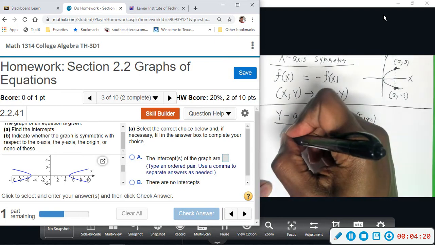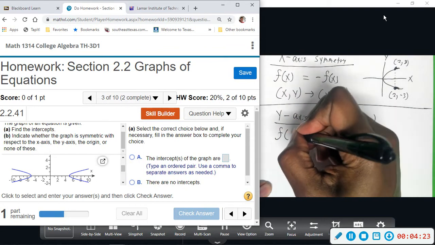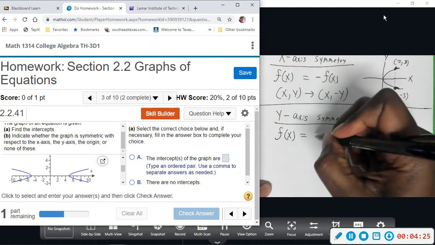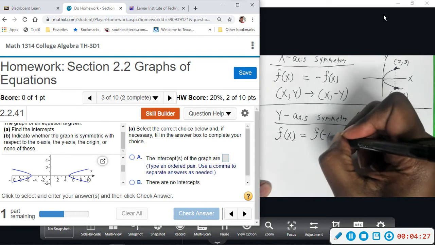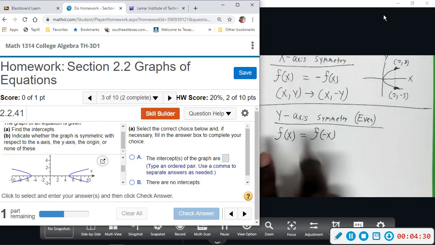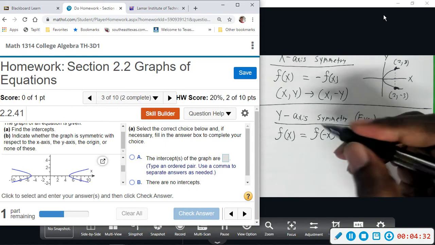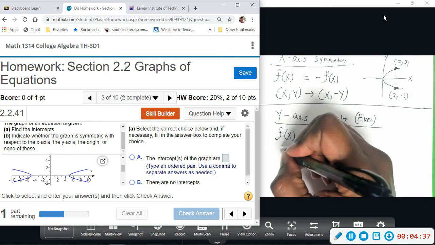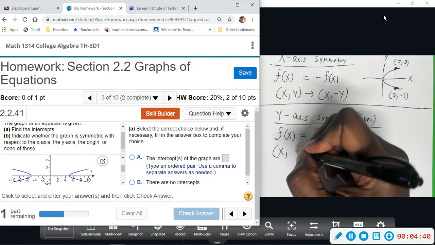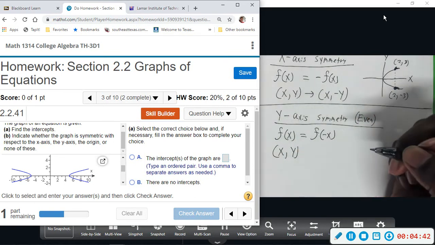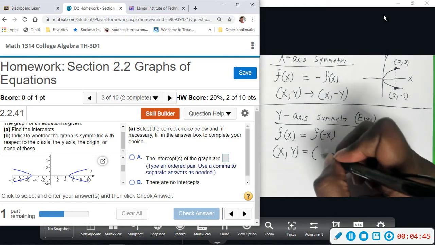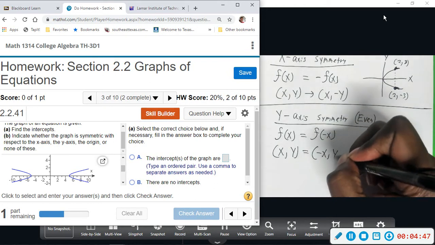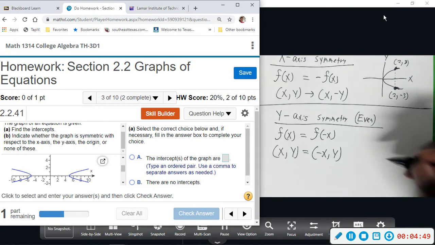In function notation, you will see f of x, and if that's equal to f of negative x, which means you make the x value negative and the y value stays the same, then those are symmetric with the y-axis, or they are called even. As far as ordered pairs are concerned, you would have ordered pair x, y, which is equal to negative x, y. What does a little image of that look like? I'll just do a traditional parabola.